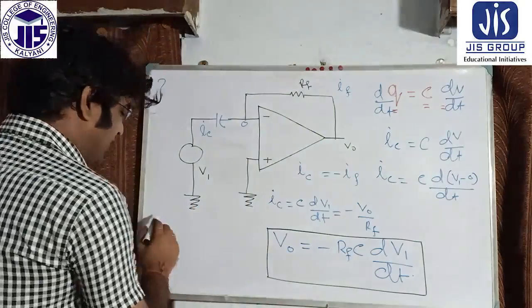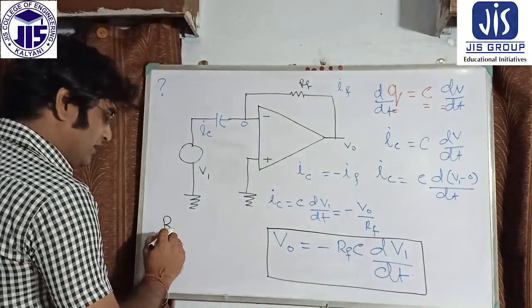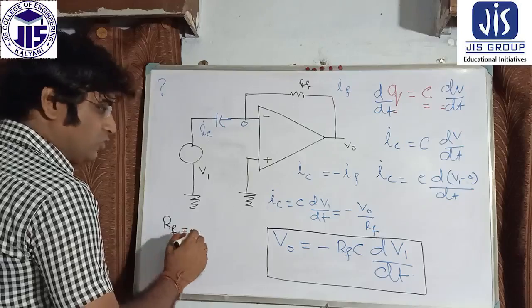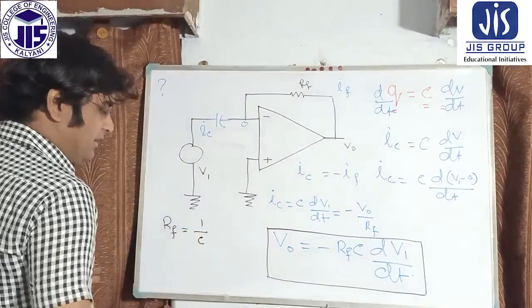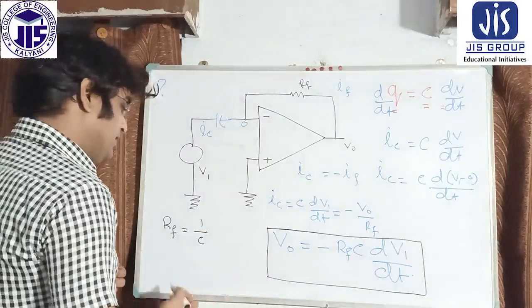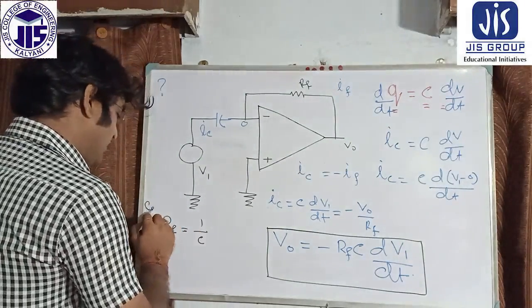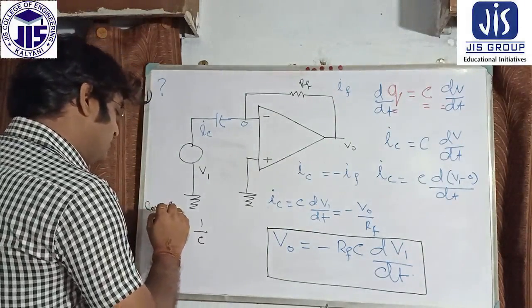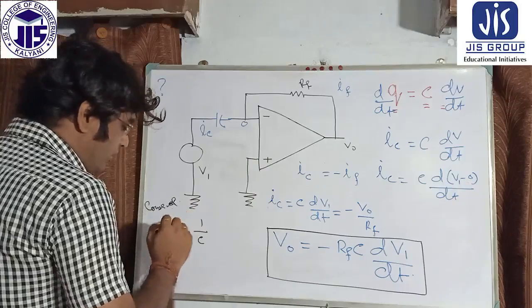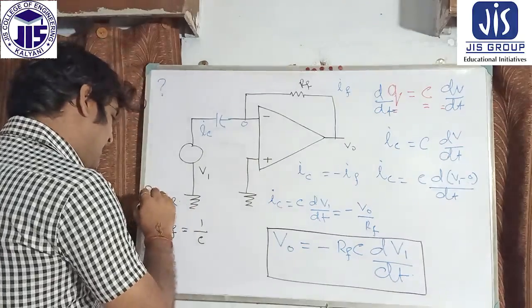Now if I am designing it that way, suppose RF equals 1 by C, actually considering, means we are designing like that.